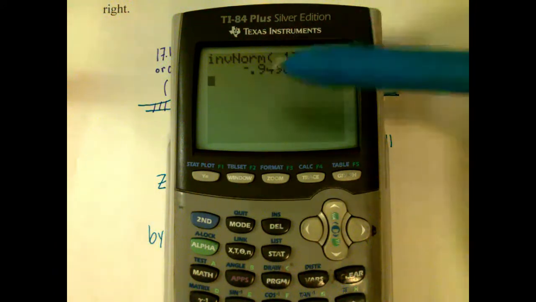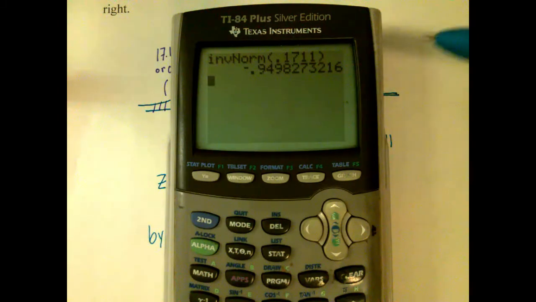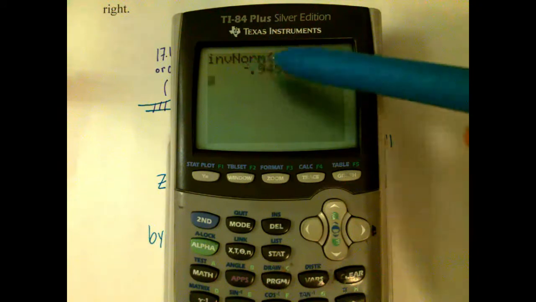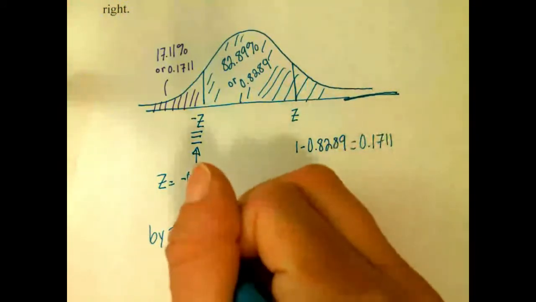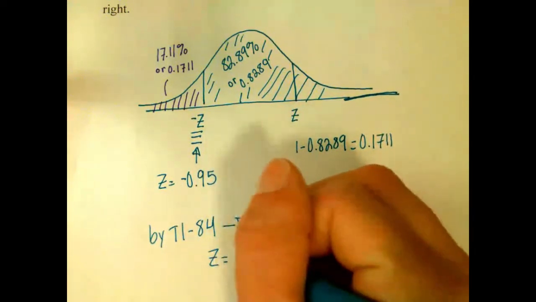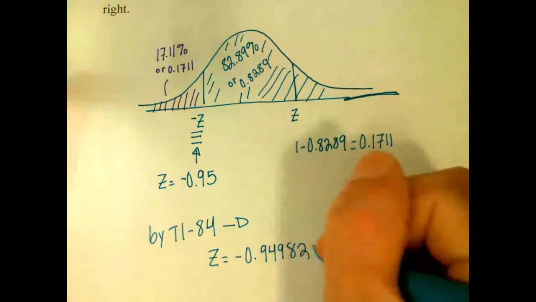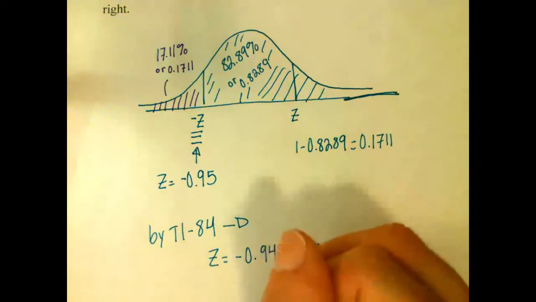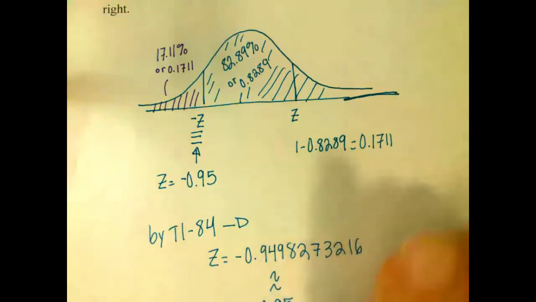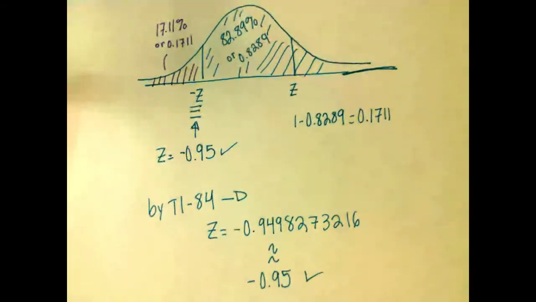And we get negative 0.9498273216. Rounded to 2 decimal places, that is negative 0.95. So we see the calculator answer and the z-table answer both check out and are equal to one another.